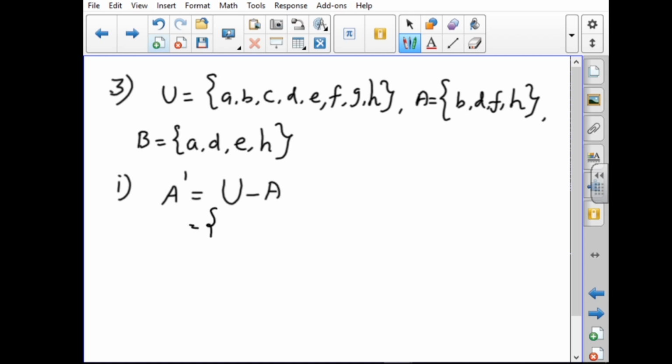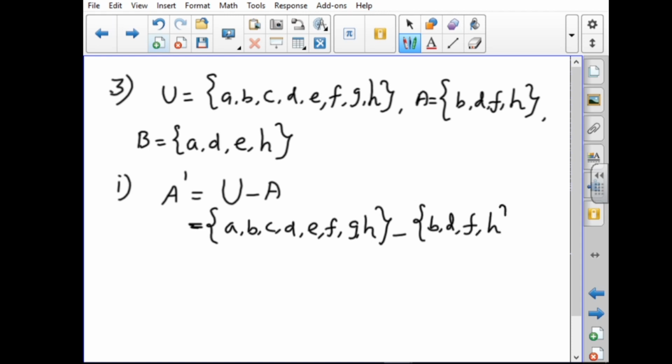So in U set, what are the elements there? Except the A elements in universal set, that is called A dash. Okay. So A, B, C, D, E, F, G, H minus A elements B, D, F, H. So remaining elements are A, C, E, G. These are the A dash.